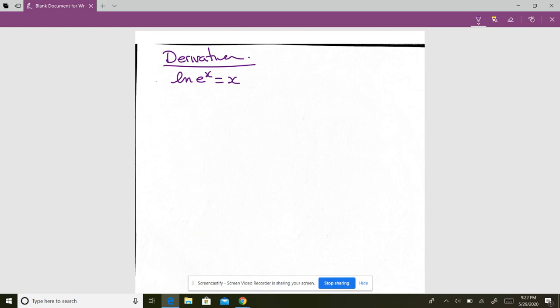Okay, so what's the derivative of natural log of e to the x? I'm deriving both sides. And what's the derivative of x with respect to x? That would be 1.